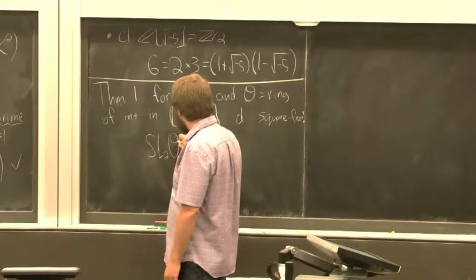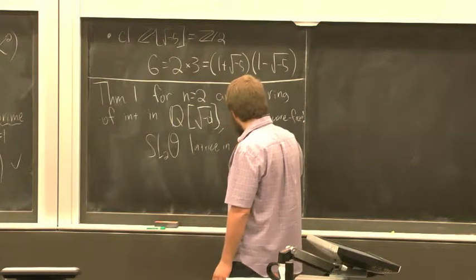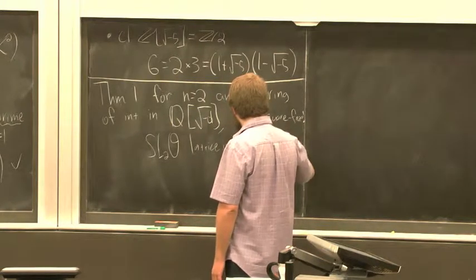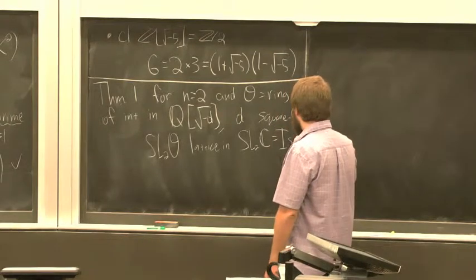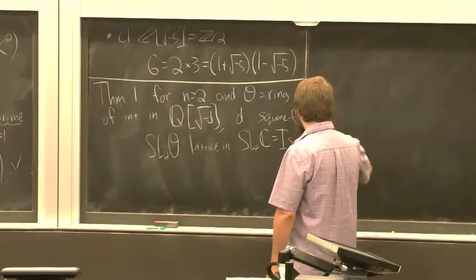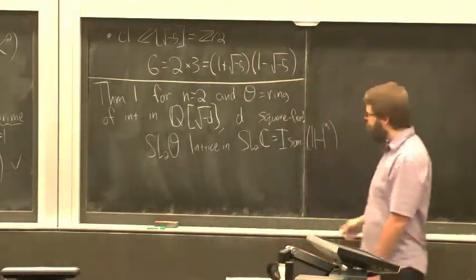So here, SL2(O) is a lattice in SL2(C), which is more or less the isometry group of hyperbolic 3-space.